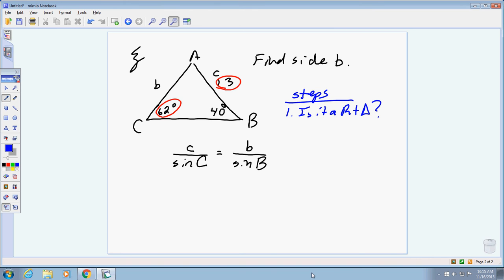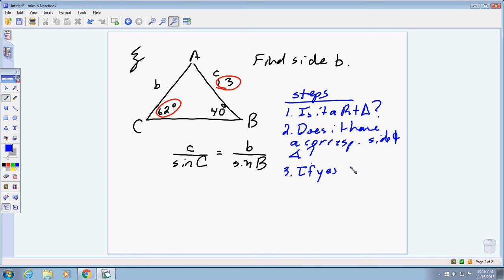If not, does it have a corresponding side and angle? If the answer is yes, use the law of sines. All right? So you're going to use the law of sines in this one.